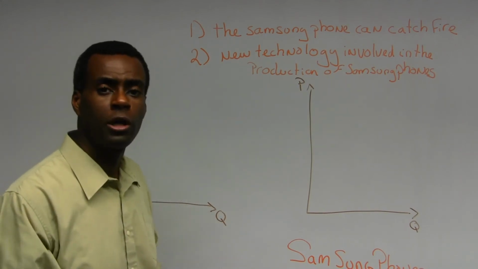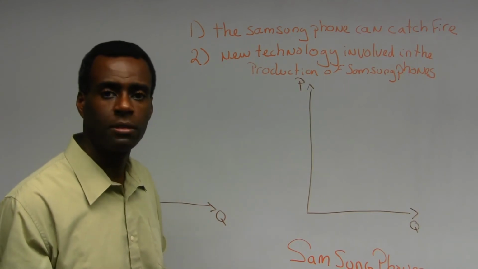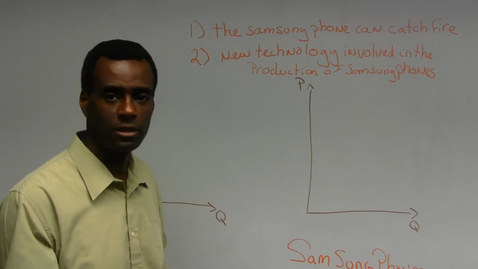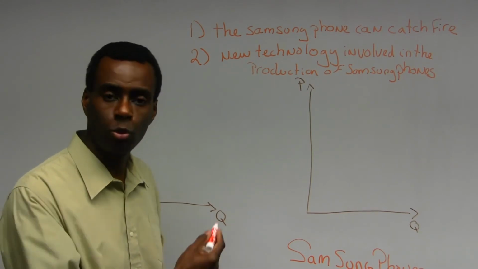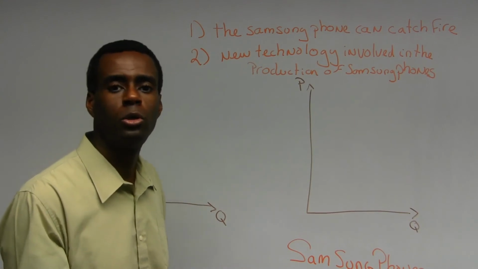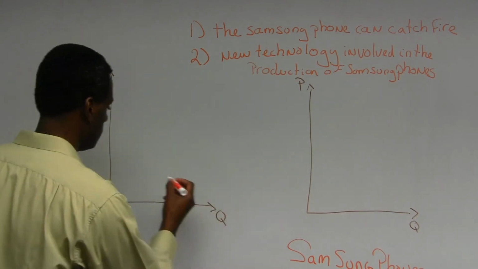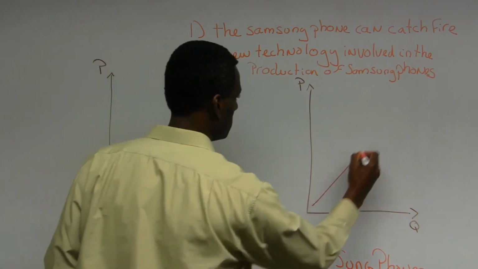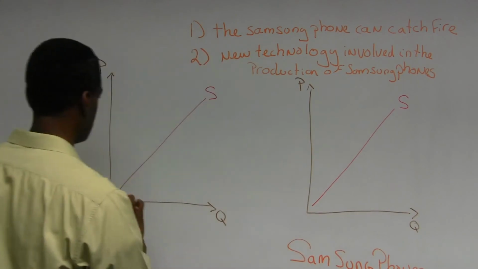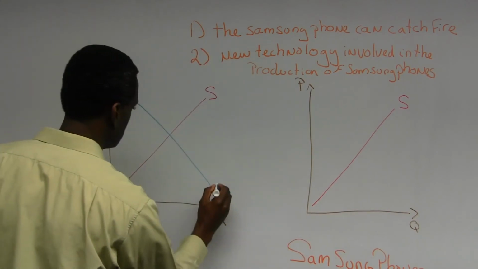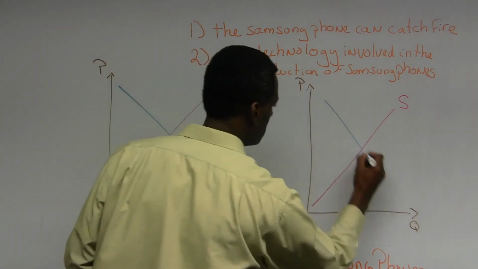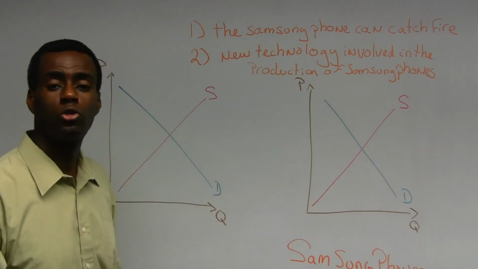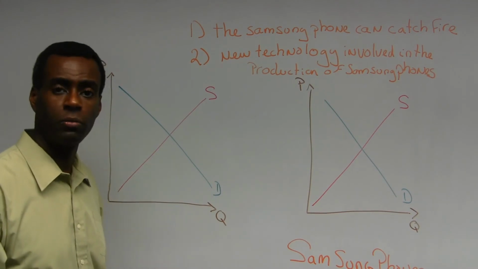I will always try to draw graphs that are similar so that any differences that we might notice in the market is not due to how the graphs were drawn. We always try to identify the equilibrium price.